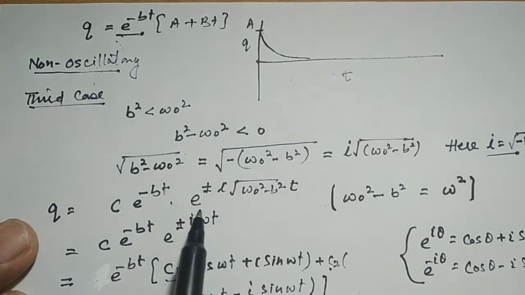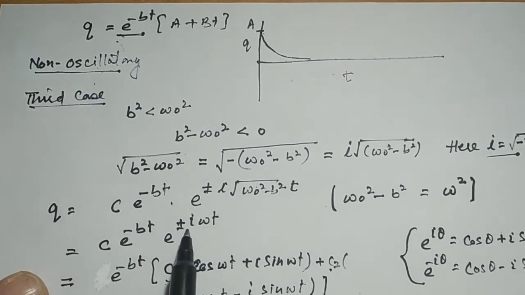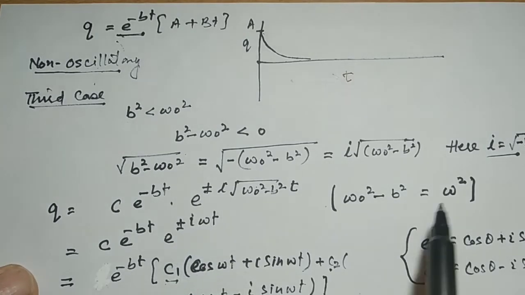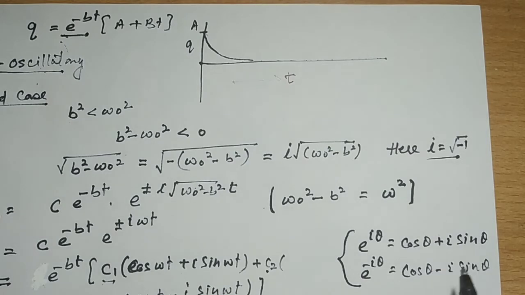Now if we write this solution here, C e to the minus Bt e to the plus minus iota omega t, since the iota term is there, we know the properties: e to the iota theta can be written as cos theta plus iota sin theta, and e to the minus iota theta is equal to cos theta minus iota sin theta.